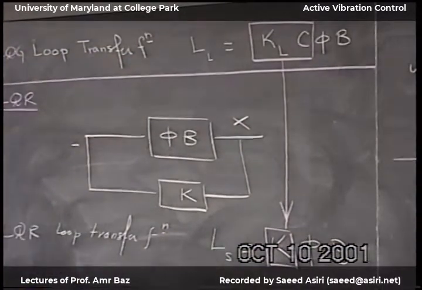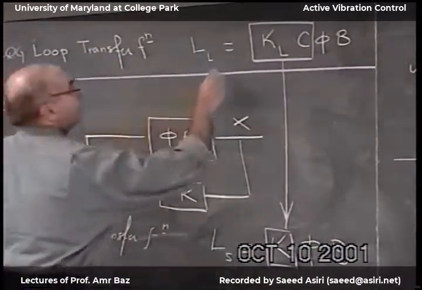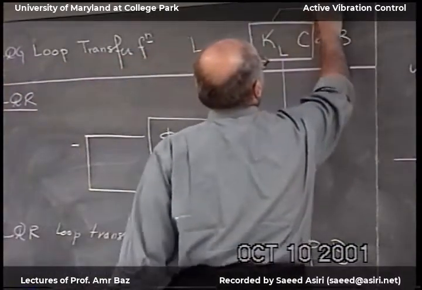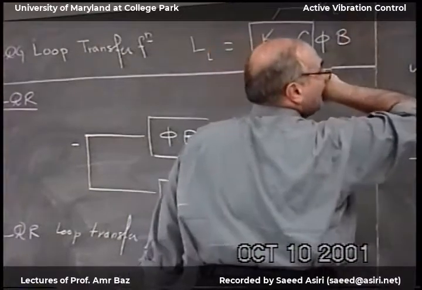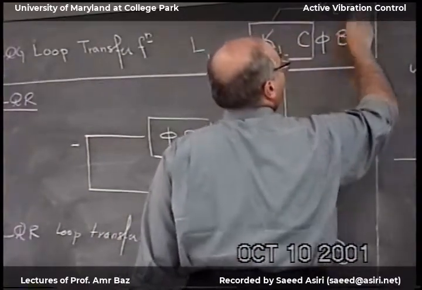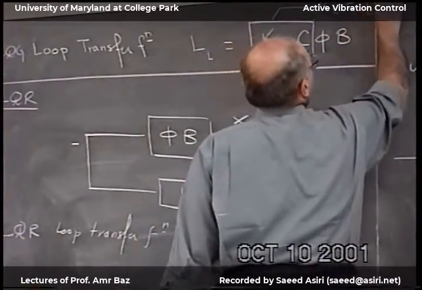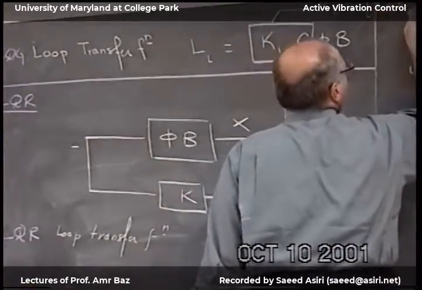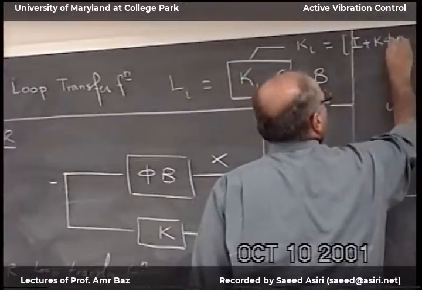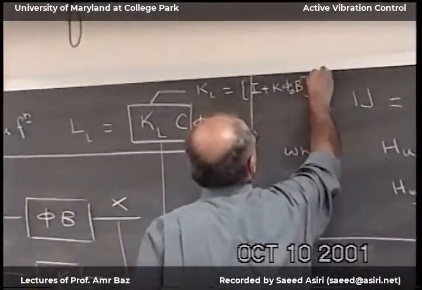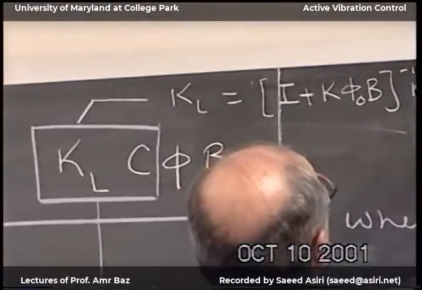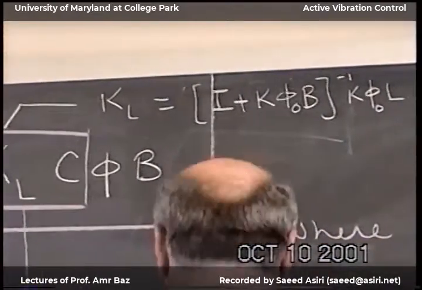And again, K_L was (I plus K phi_0 B) inverse K phi_0 L.